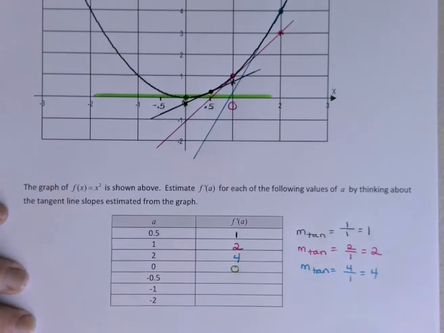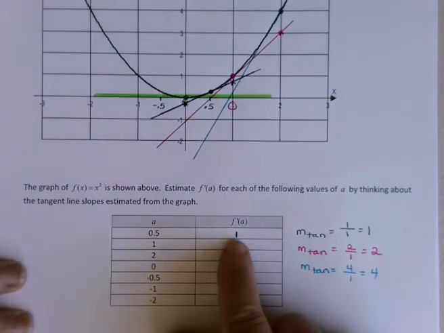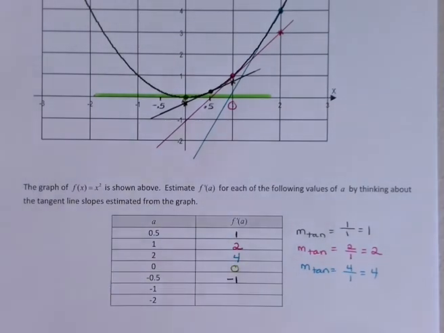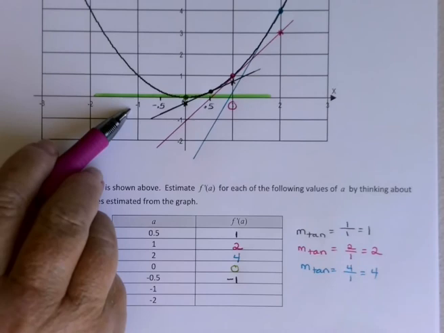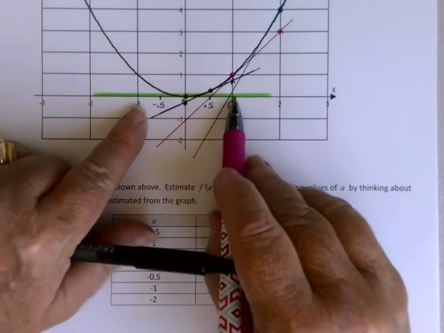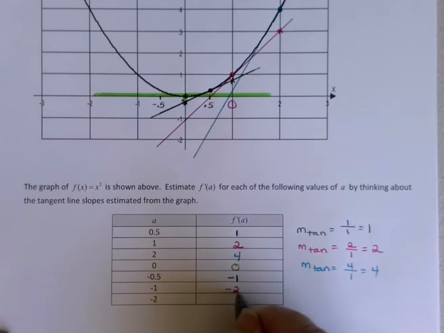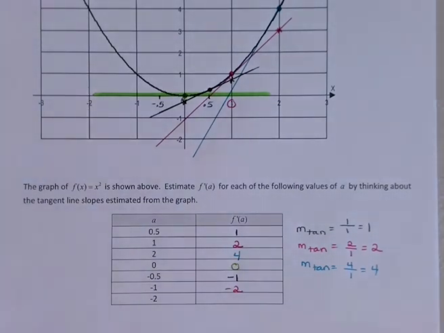It'll have a negative slope, but I'm just going to use the value I already had here and say I think that would make that negative 1. And similarly, at negative 1, by the symmetry, it would just be the exact opposite of the slope at positive 1. So we'll go with negative 2. And at 2 and negative 2, again, my slopes would be opposite, so I'm going to go with negative 4 there.